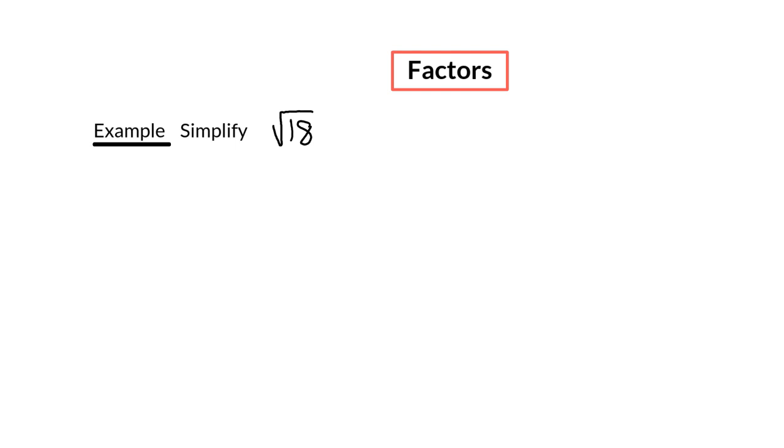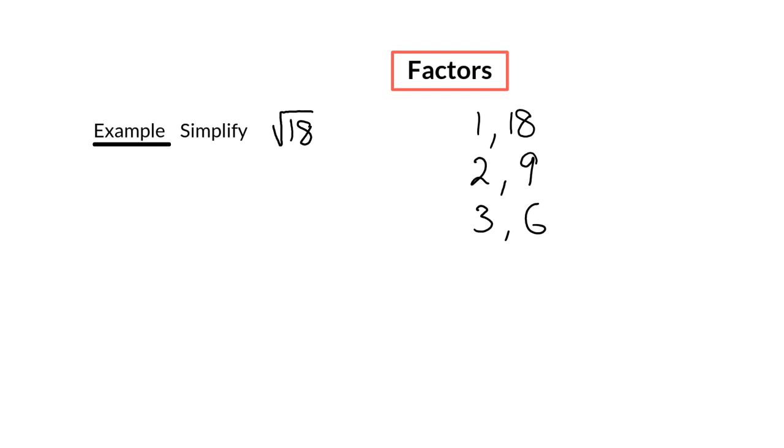We need to look now at the factors of 18, because if we're going to have 2 numbers under the square root, we need to look at what 2 numbers multiply to get 18. So if we start with the factors of 18, we have 1 and 18, 2 and 9, and 3 and 6.